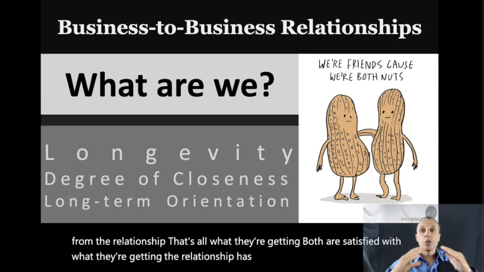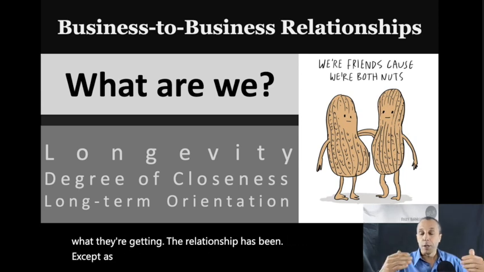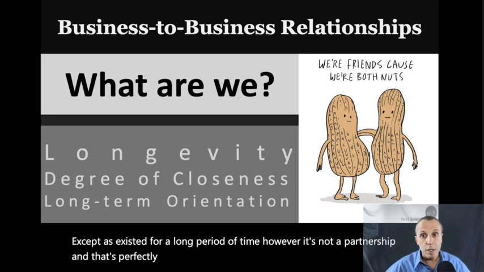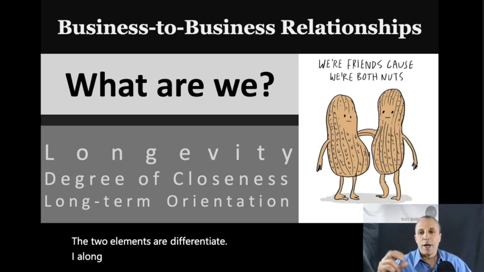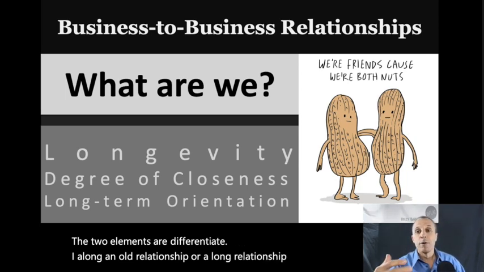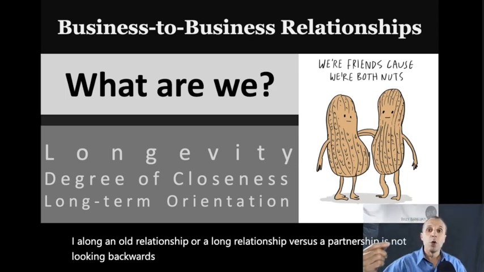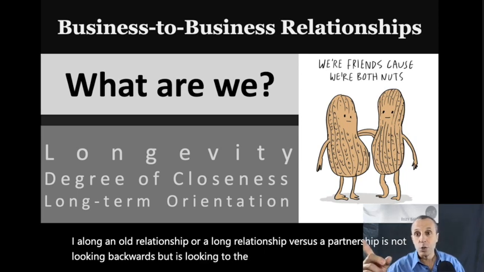The relationship has existed for a long period of time. However, it's not a partnership, and that's perfectly fine. The two elements that differentiate an old or long relationship from a partnership are not looking backwards, but looking to the future.